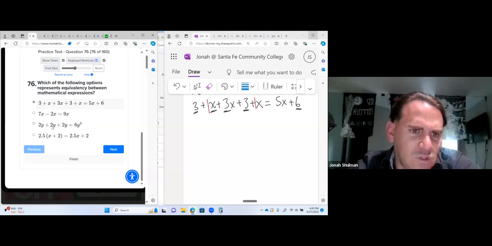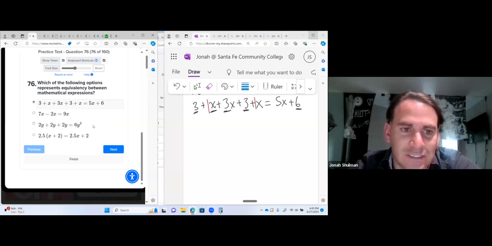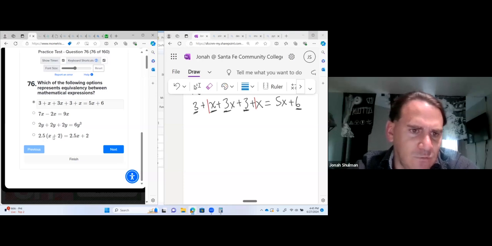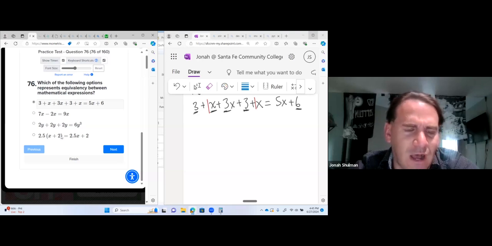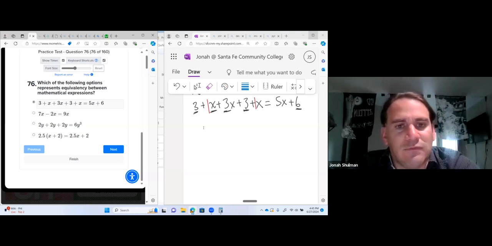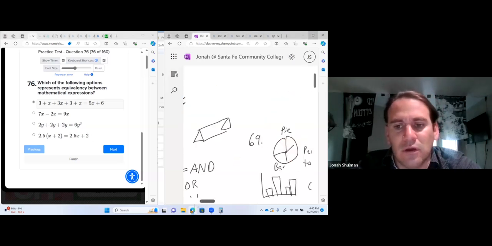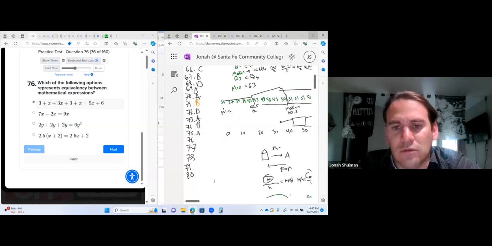This one, 2y plus 2y plus 2y is just 6y. You don't add the 3's, this is the exponent. And this is 2.5x plus, this is a distributive property. So this is 2.5x plus 5. So 76 has to be A.